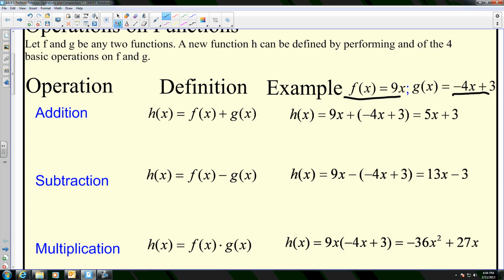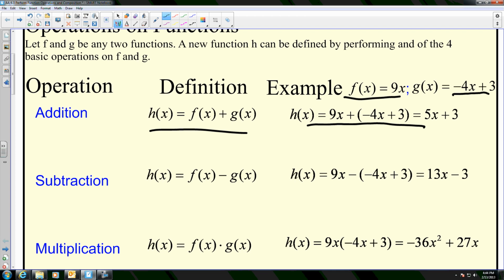So basically what we're doing is we're substituting in what f of x and g of x equals, and then we're either adding, subtracting, multiplying, or dividing, and then we're combining the like terms that'll help us solve our problem. So for addition, if we have h of x equaling f of x plus g of x, then we're just taking 9x here, which essentially is f of x, plus, and in parentheses, negative 4x plus 3.